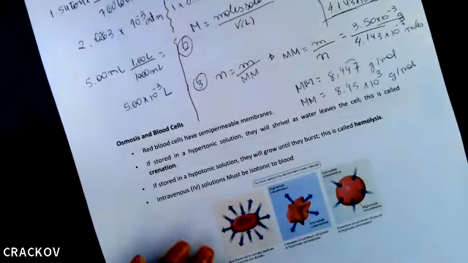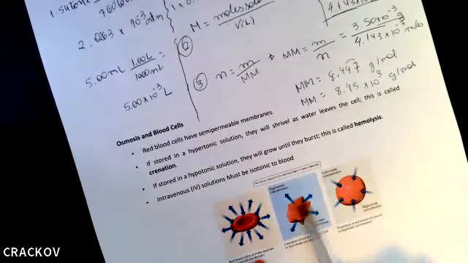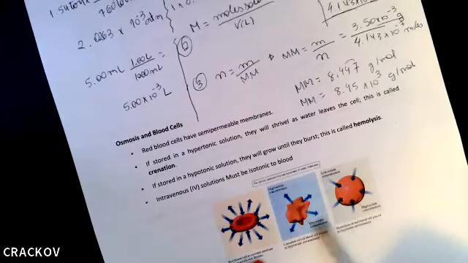So if the solution is hypertonic, the water will be leaving the cell. Are you seeing the water leaving the cell? So the cell will have crenation.